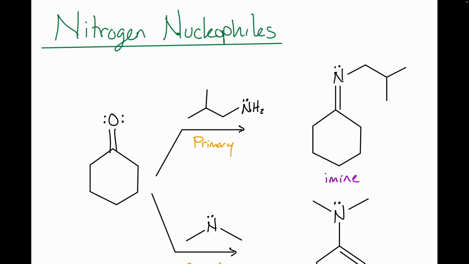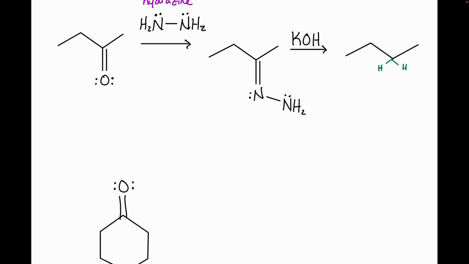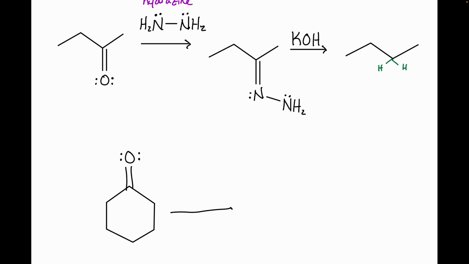Okay, so if we just want to use the example that we've been using to help summarize our reactions here, if we want to summarize our Wolff-Kishner reaction, it would be first treating our ketone or aldehyde with hydrazine, and then in that follow-up step, use that potassium hydroxide. And so everybody take a second and give me what my product would be.